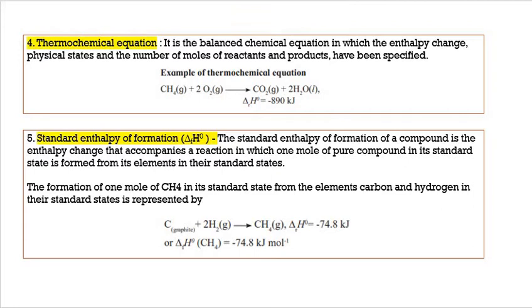The equation should be properly balanced: the number of atoms will be equal on the left hand side and right hand side. The value and appropriate sign of the enthalpy change should be given on the right hand side, and the physical states of reactants and products should be specified by letters like solid by S, liquid by L, gaseous by G, aqueous by AQ.